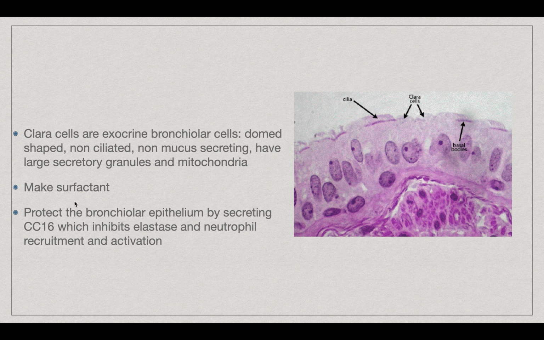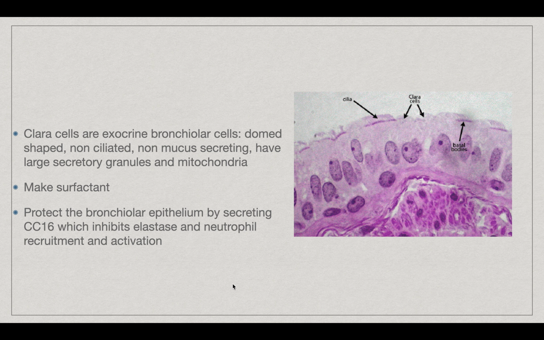It's going to take that and make the surfactant in the Clara cells, and that protects the bronchial epithelium by secreting CC16, which is an anti-protease, and that inhibits elastase and neutrophil recruitment and activation. So these are going to prevent the neutrophils from auto-digestion, basically.